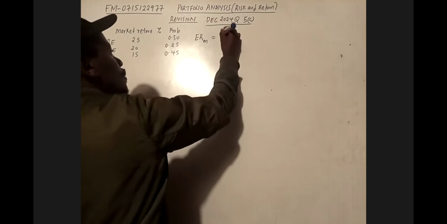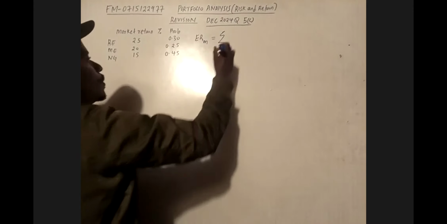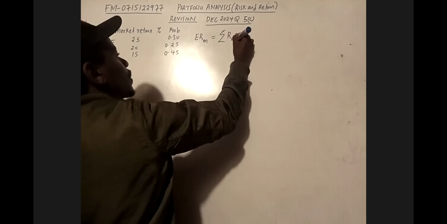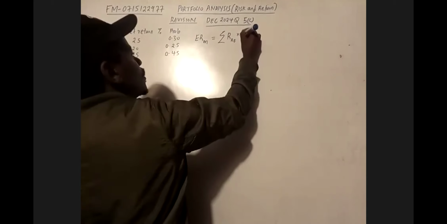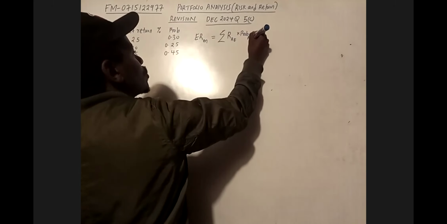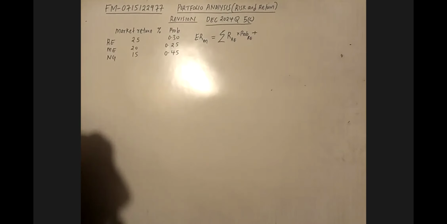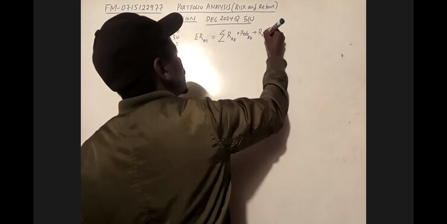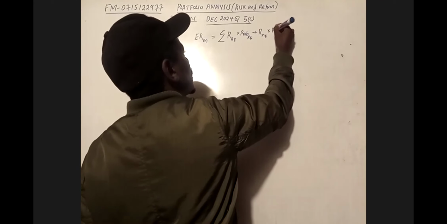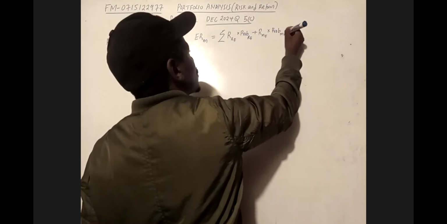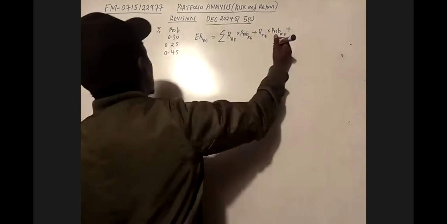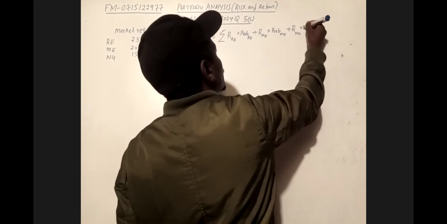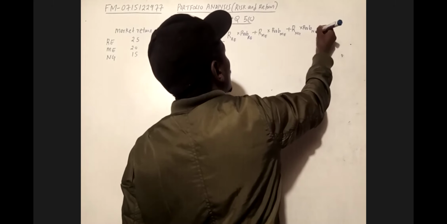So for you to get the expected return of the market, let us say the expected return of the market will be equal to the summation of return of the rapid expansion multiplied with the probability of rapid expansion. We add a return of the moderate expansion, multiplied with the probability of moderate expansion, and then we add return of no growth, multiplied with the probability of no growth.